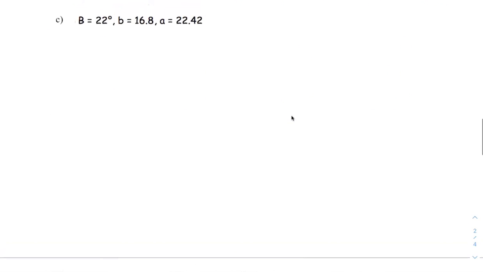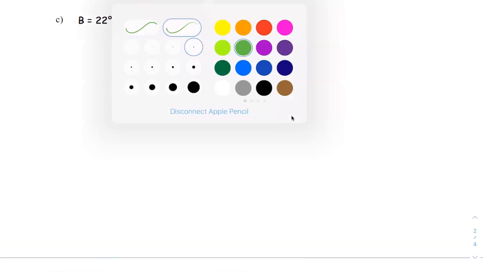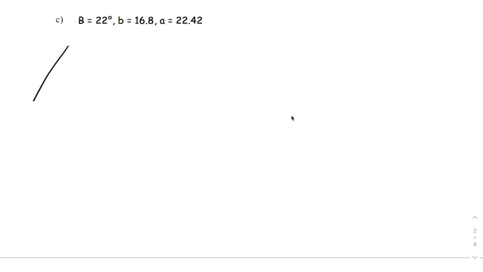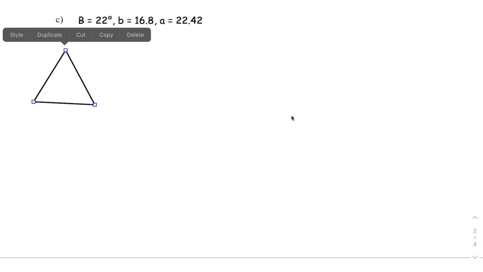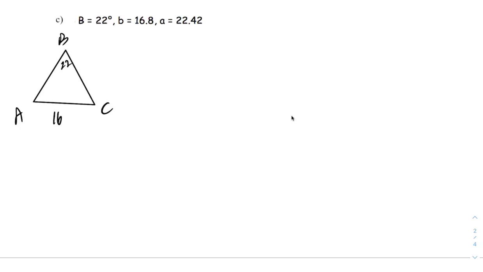Look at all this space. It's probably a 2 triangle one. So let's start. So there we go. Give myself a little space. So this is A, B, and C. B is 22, 16.8 over here. And then A is 22.42. Wow, getting very specific.